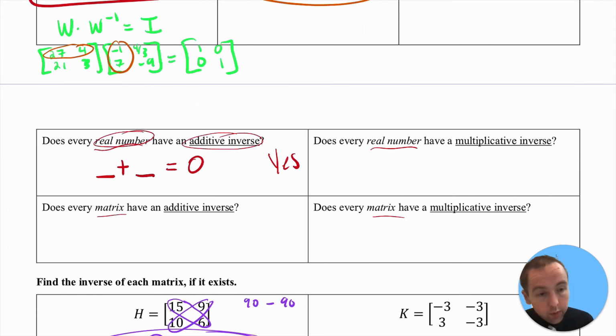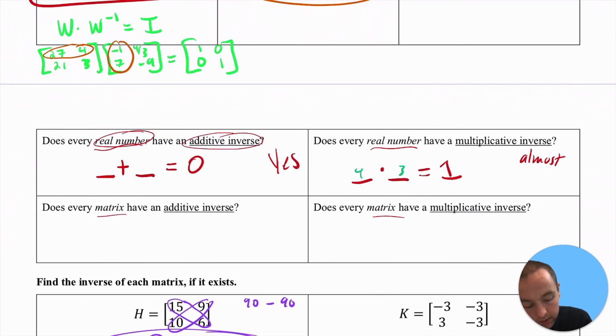Does every real number have a multiplicative inverse? That means you're going to multiply and equal 1. So are there always two numbers for that? Almost. You can do 1/2 times 2 and multiply those reciprocals, and that'll work out great. You can also do 3/4 times 4/3, and that'll work out great.